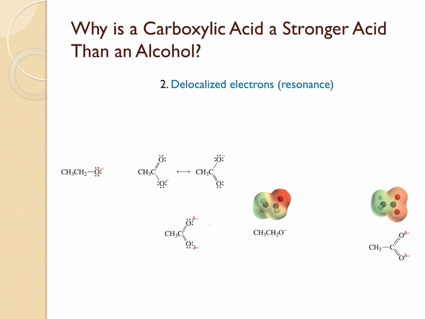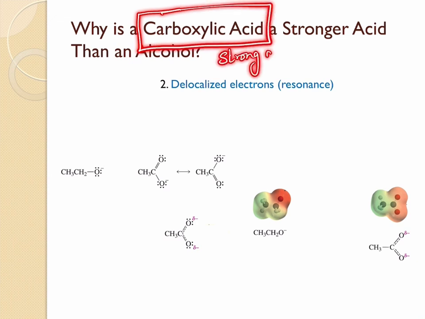And because of which this is going to be a stronger base, whereas this is going to be a stable base. And if the conjugate base is stable, then the acid that it started from should be a stronger acid. And that is the reason why carboxylic acid is a stronger acid than alcohol.